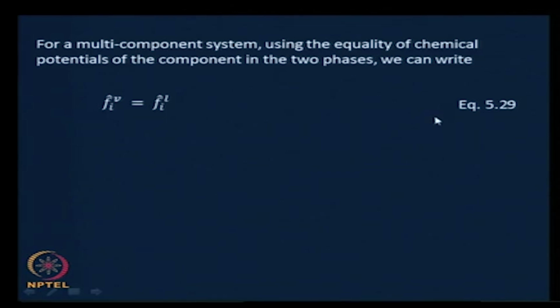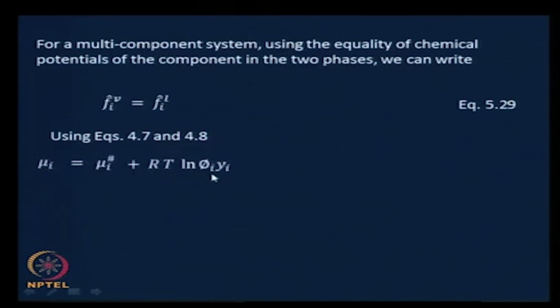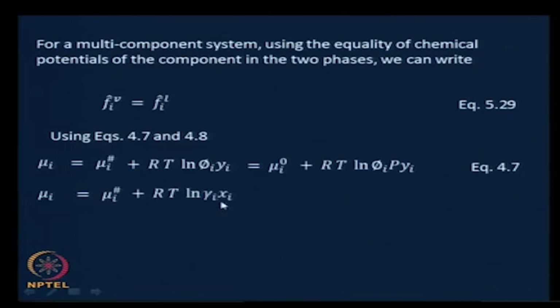We will call this equation 5.29, and using equations 4.7 and 4.8 from module 4, you will realize what those expressions are. Mu I equals mu I naught plus RT ln phi I p yi, this is what we got in 4.7, and mu I equals mu I hash plus RT ln gamma I xi.